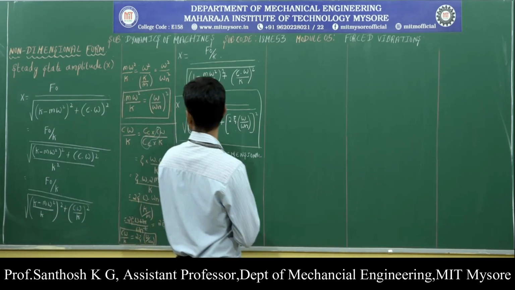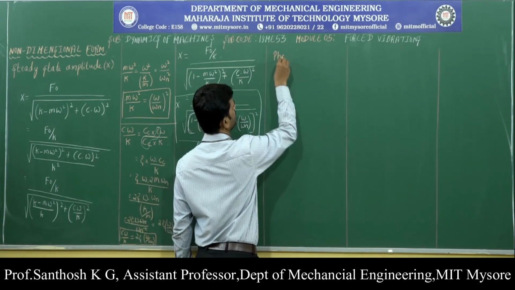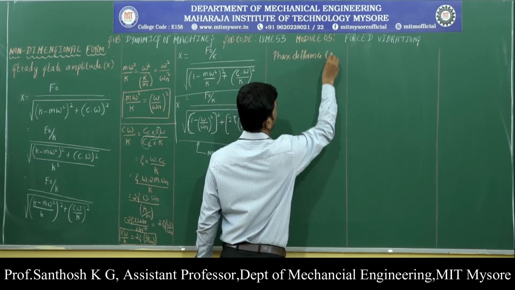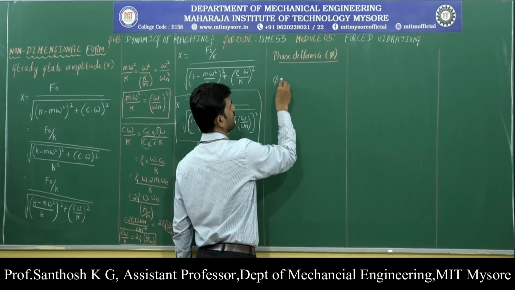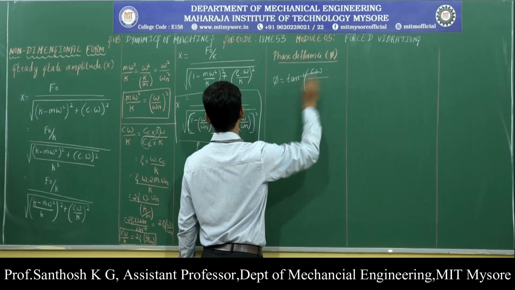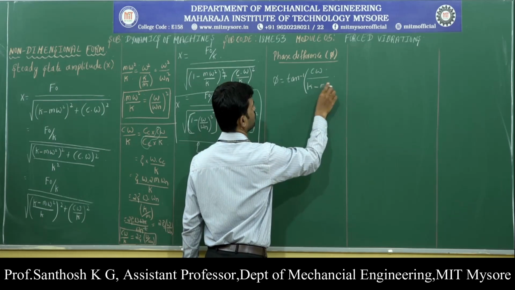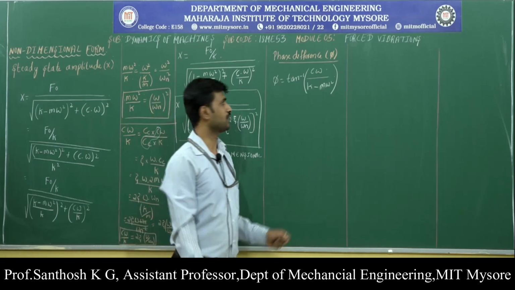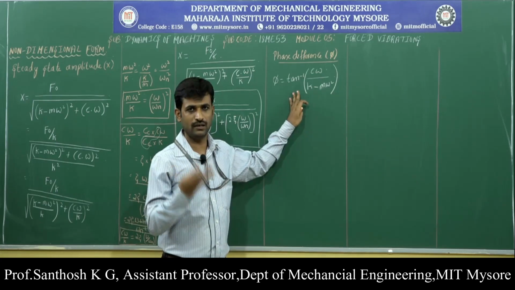Similarly, in the last class, we also derived the expression for phase difference phi, which is given by phi equals tan inverse of C omega divided by K minus m omega square. Now, let us try to convert this term also into a non-dimensional form.